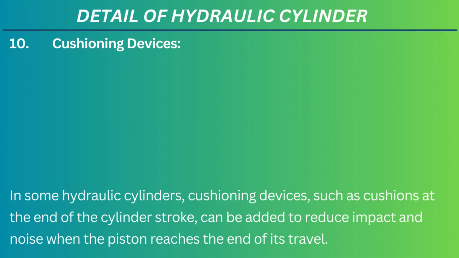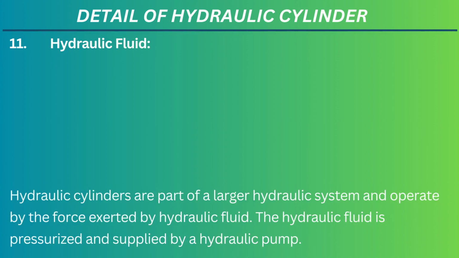In some hydraulic cylinders, cushioning devices, such as cushions at the end of the cylinder stroke, can be added to reduce impact and noise when the piston reaches the end of its travel. 11. Hydraulic fluid. Hydraulic cylinders are part of a larger hydraulic system and operate by the force exerted by hydraulic fluid. The hydraulic fluid is pressurized and supplied by a hydraulic pump.